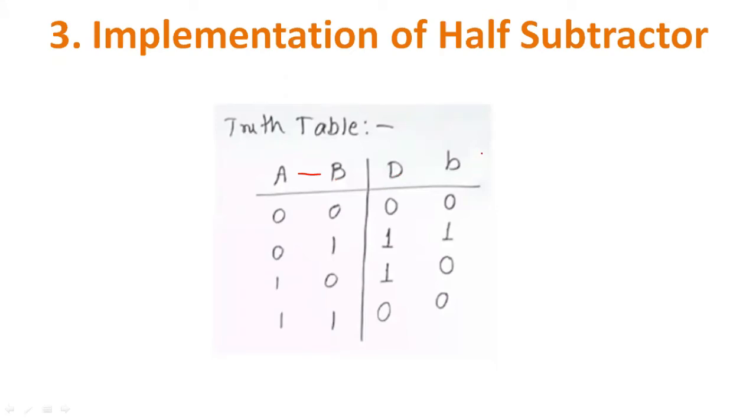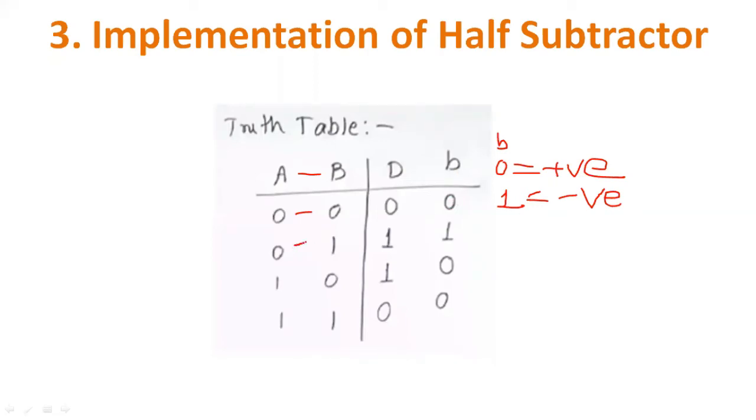Borrow will be 0 if the result is positive, and borrow will be 1 if the result is negative. Okay, so this is in case of borrow. Now let us see 0 minus 0, difference is 0 and borrow is also 0 because the result is positive.